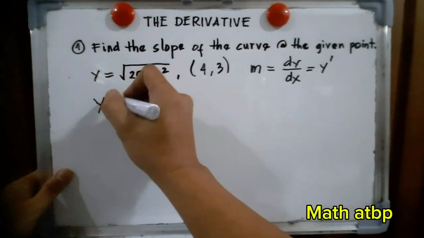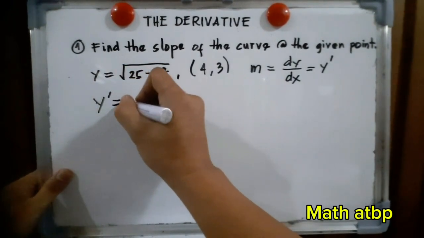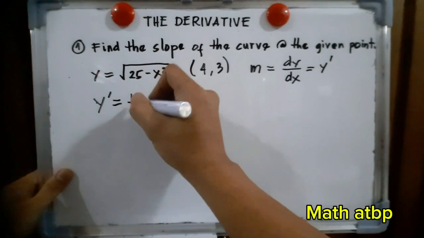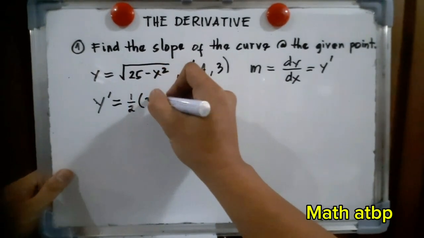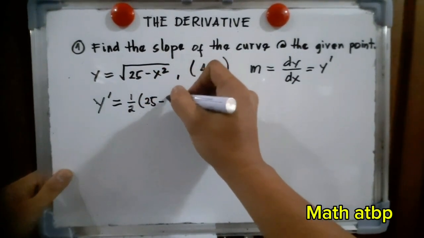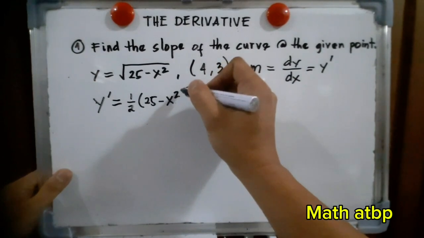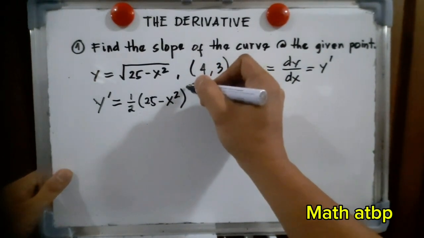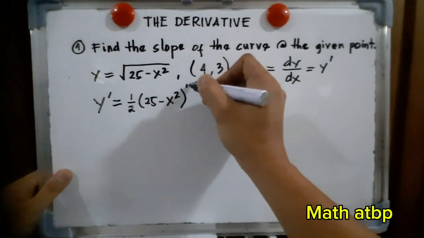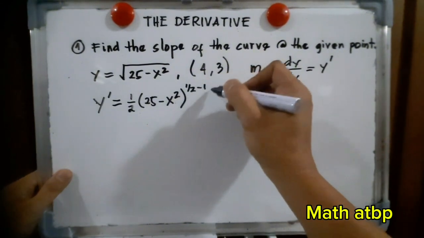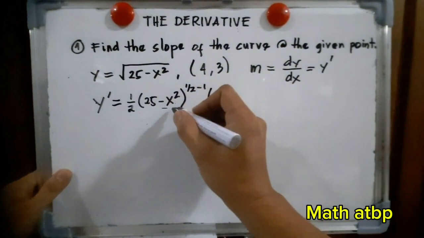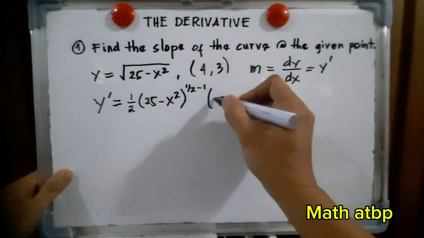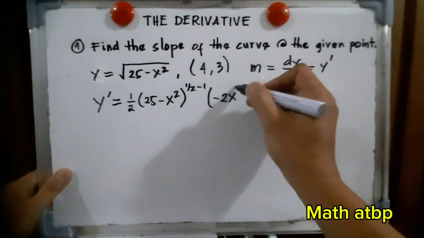y prime is equal to 1/2 of the quantity 25 minus x squared, raised to 1/2 minus 1, times the derivative of u, which is negative 2x.